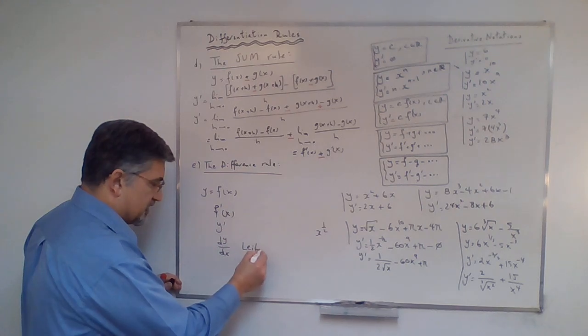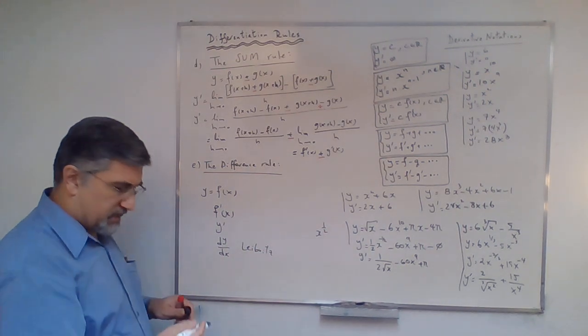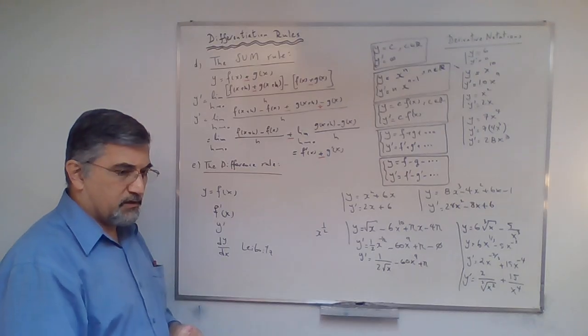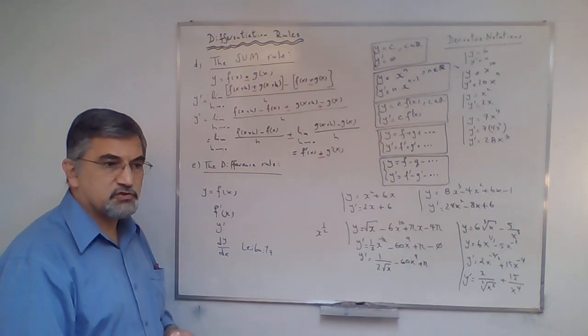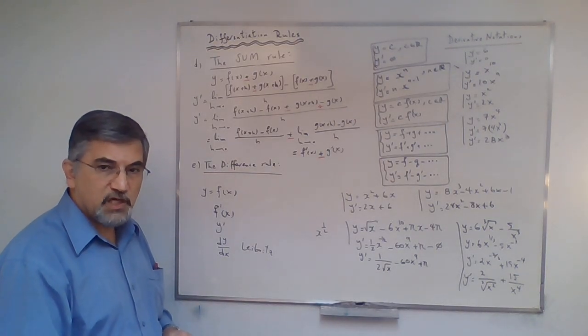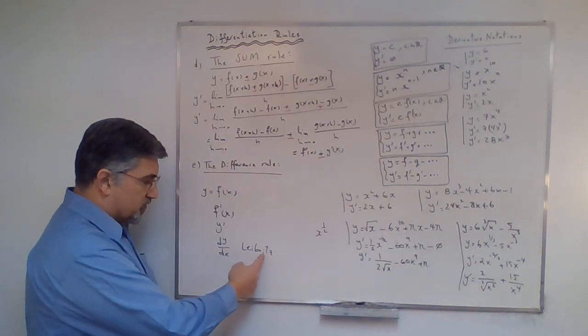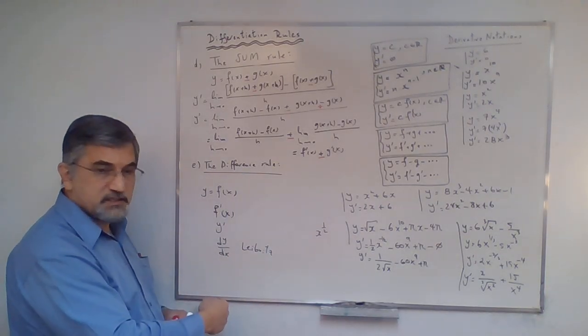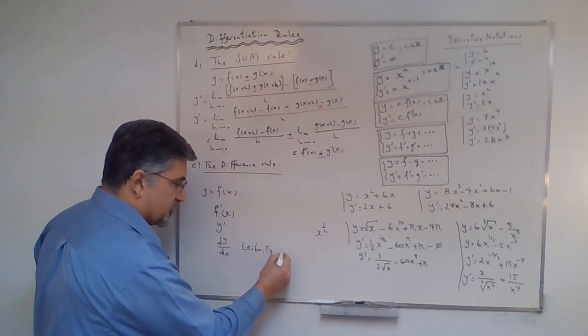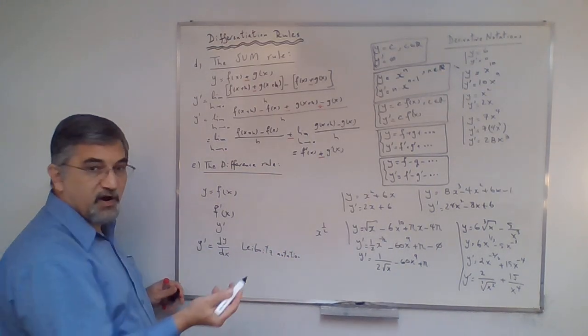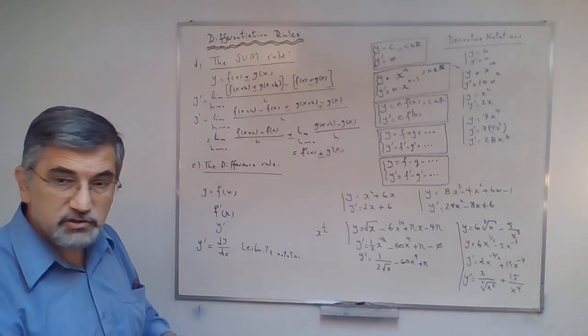Wilhelm Gottfried Leibniz was a German mathematician who is known as the founder of calculus along with Sir Isaac Newton. So this notation dy over dx is known as Leibniz notation, and it is nothing but y prime. It's just a different notation.